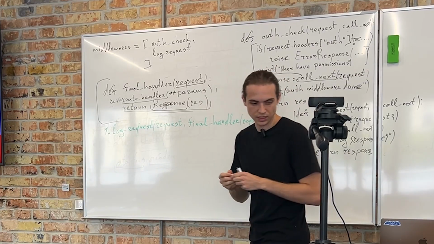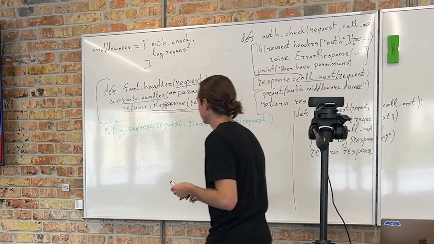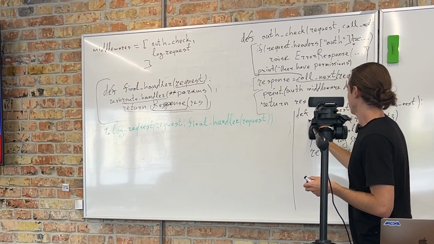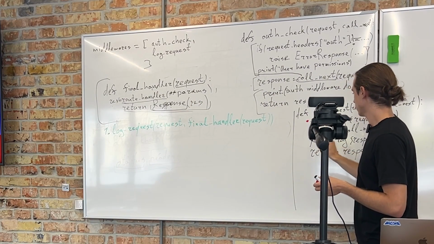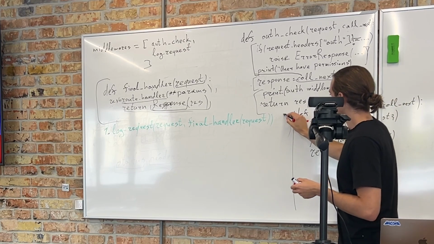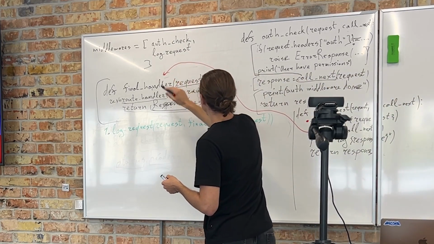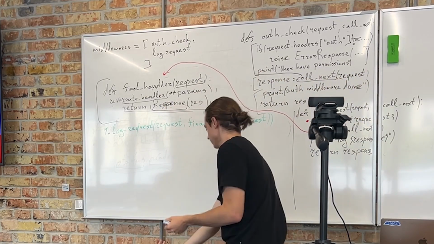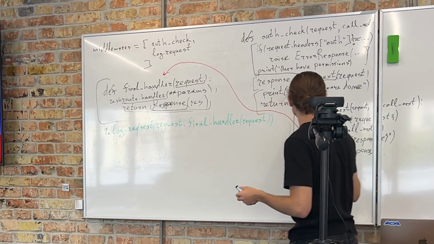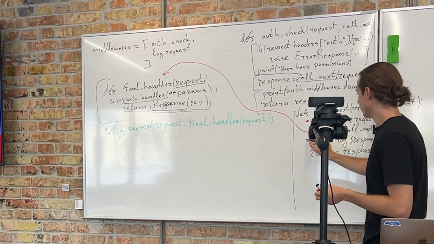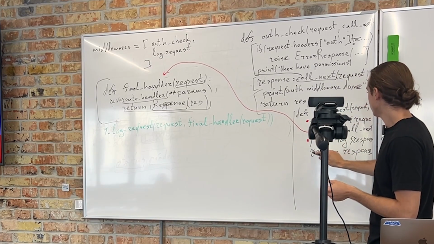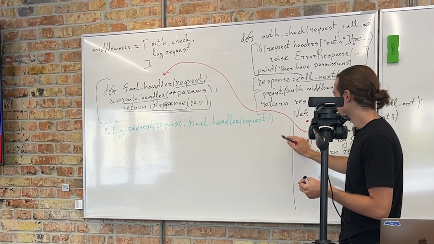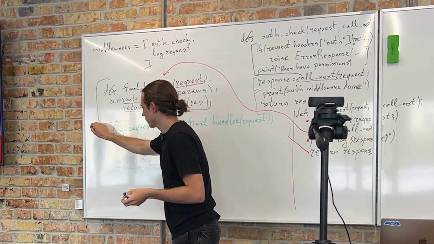So in this example, we are running our log request. We have our print, then call next will call our final handler. Then we will have this response here. Then we print something else, and then we're returning this response to a user.